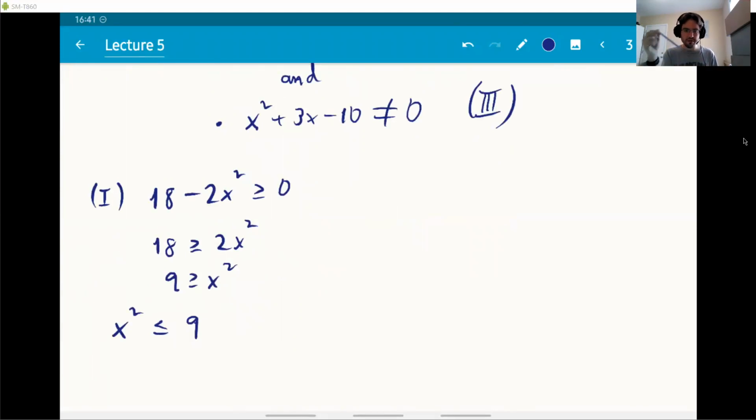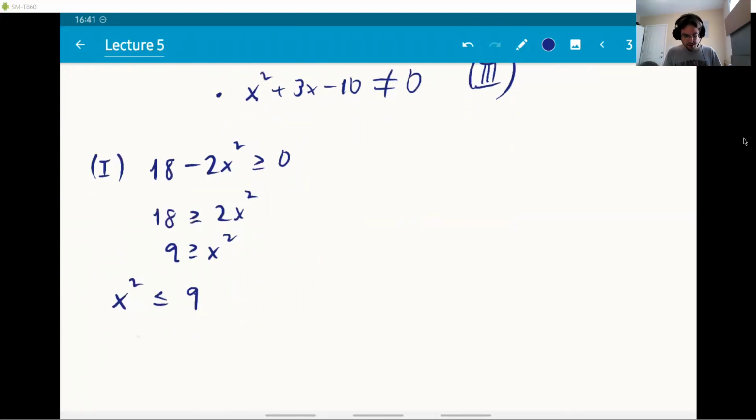What are the numbers whose square is less than or equal to 9? If you write that x has to be less than or equal to 3, that's wrong. It's like taking a square root on both sides. That's not how you solve an inequality with squares. Rather, for x squared being less than or equal to 9, remember that negative numbers also have positive squares.